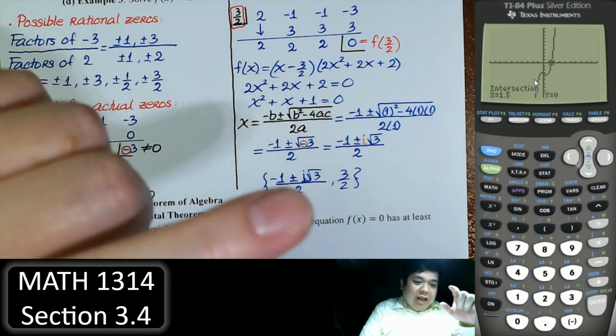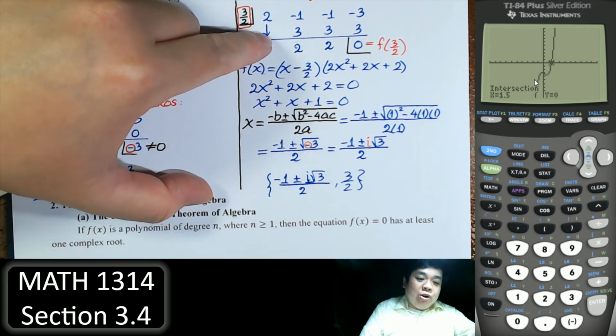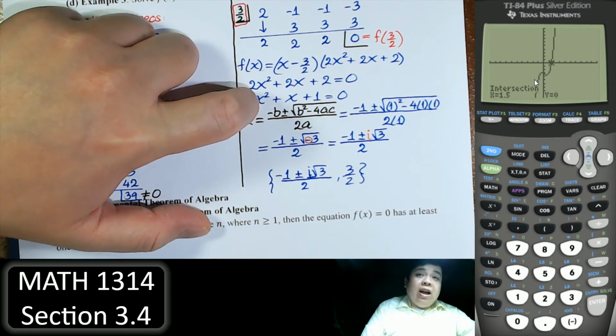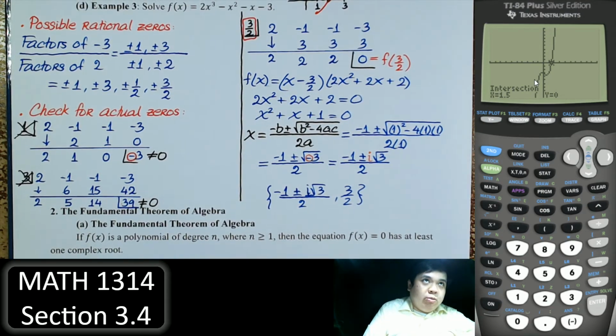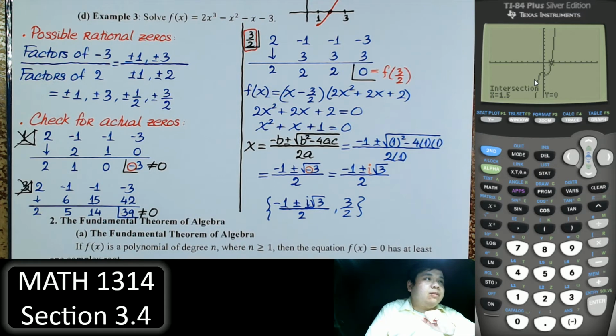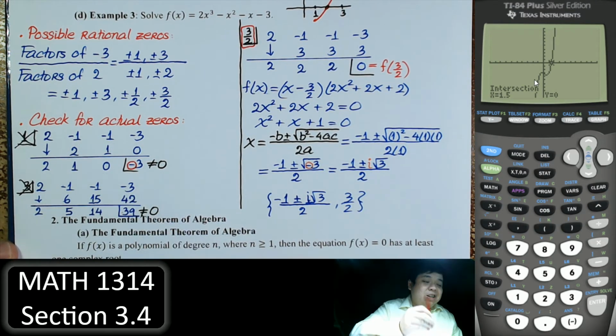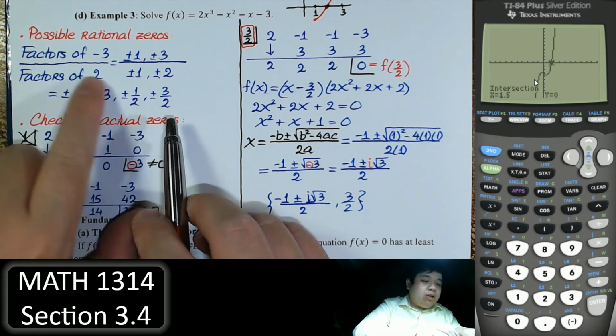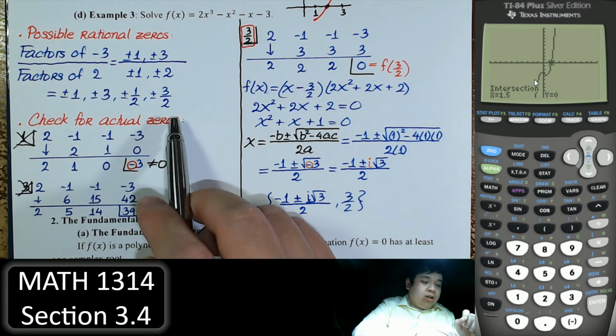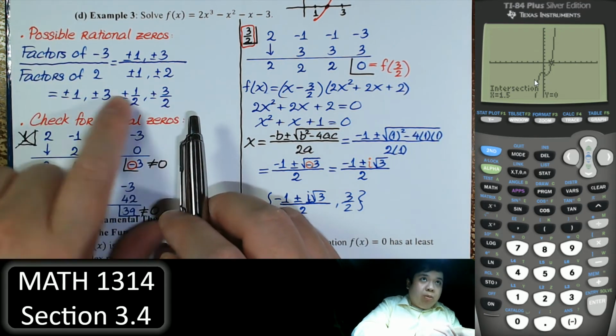When we get one solution, the problem breaks down into just a quadratic, and then we have the formula for the quadratic equation. If we have a calculator, that would be nice to give us what the first zero is. Now, if we don't have a calculator, we just have to guess, and the possible rational zeros, that's where we use the rational zero theorem, give us the possible choices.